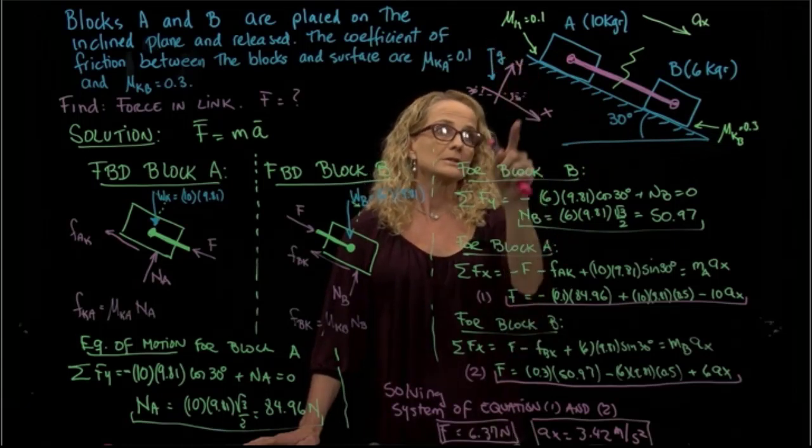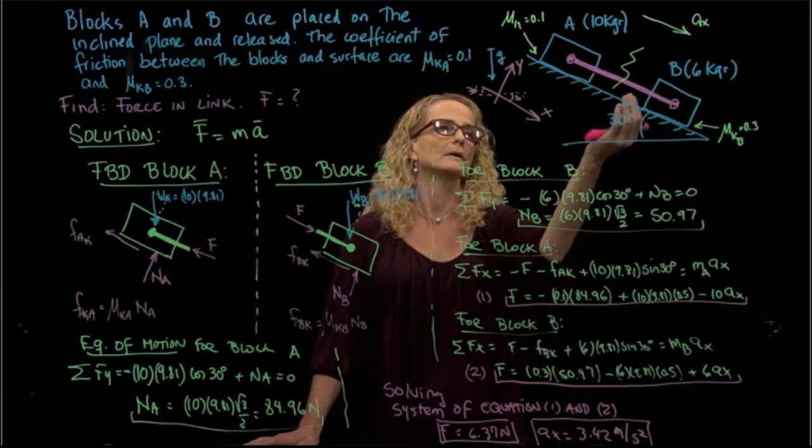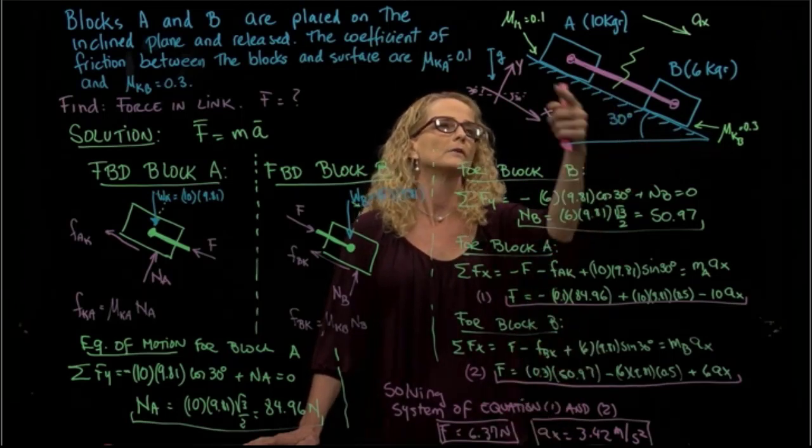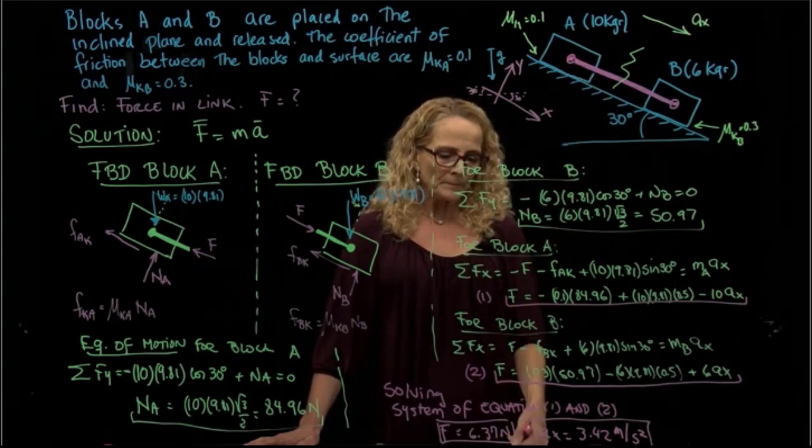Look, the acceleration that those blocks have is not the same as gravity, it's less because they are on an inclined surface and they have friction between them and the surface. And that's the force.